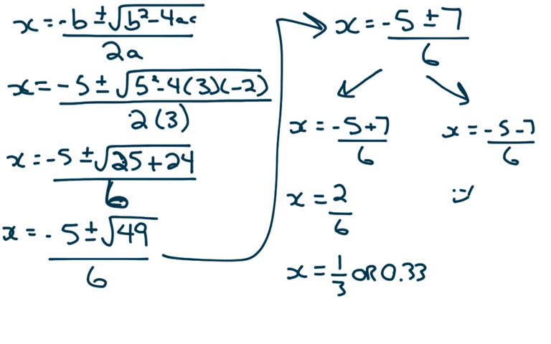On the right, we have -5 minus 7 on top, which gives us -12, and -12 over 6 is -2. So we have 2 values of x, which we then need to substitute into one of the equations in order to find the corresponding values of y.